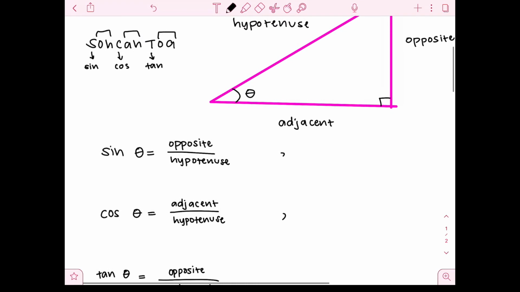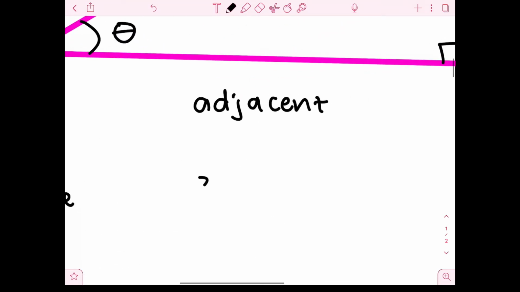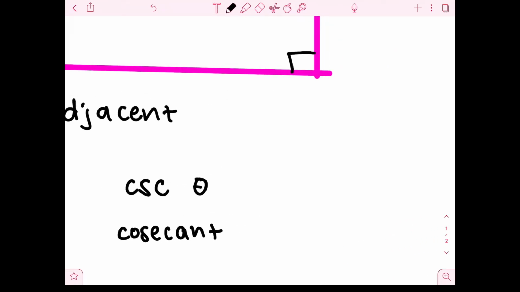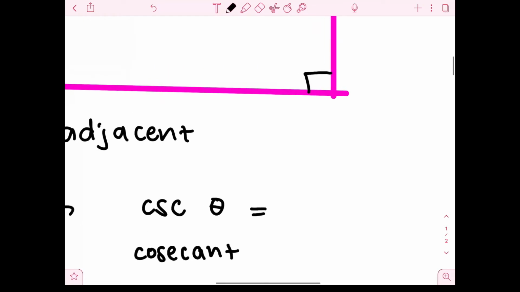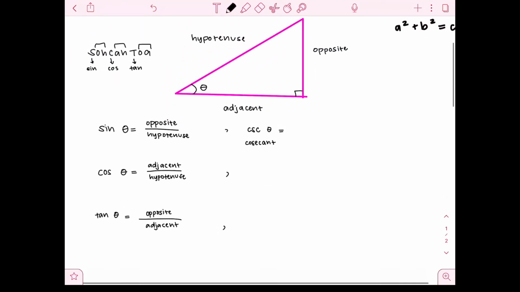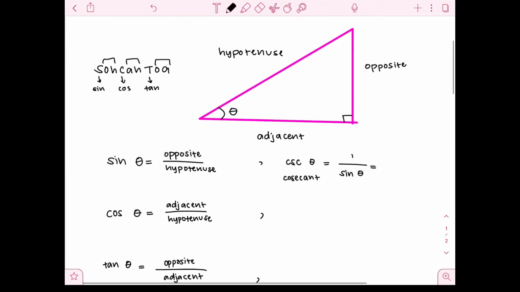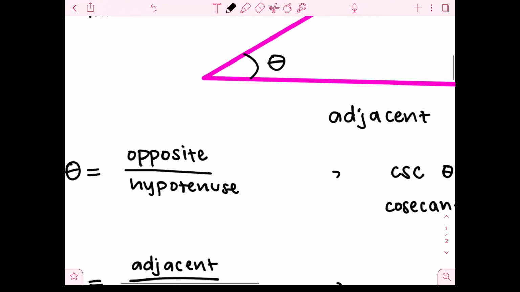So the reciprocal of sine is cosecant. The abbreviation is CSC, cosecant. You can see how it's spelled, cosecant. Cosecant of theta is going to be equal to, now, if it's the reciprocal of sine, first we can write 1 over sine theta. Now, if it's the reciprocal, we're going to have to switch the numerator and the denominator. So hypotenuse and opposite are going to be switched.